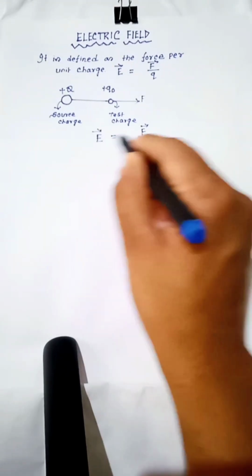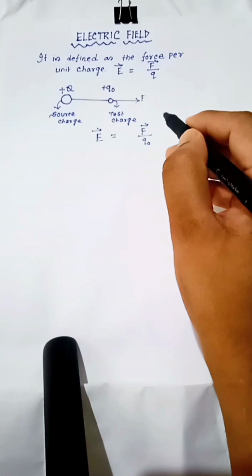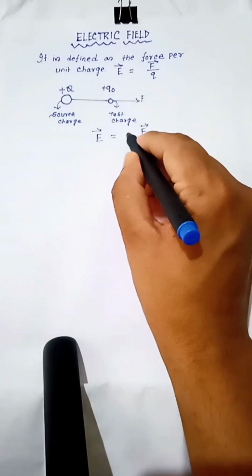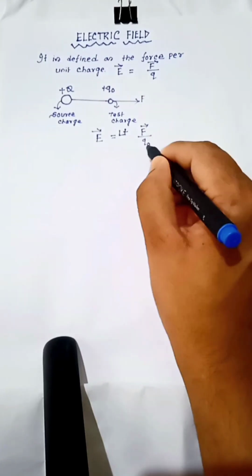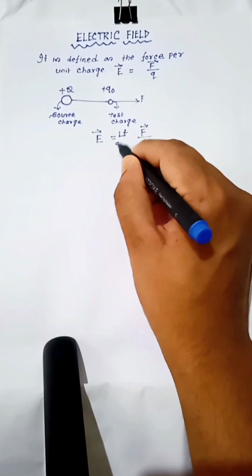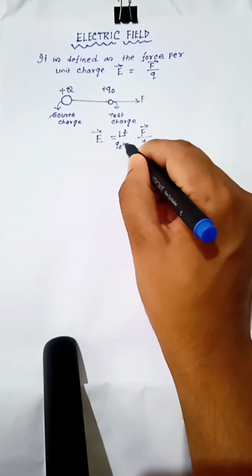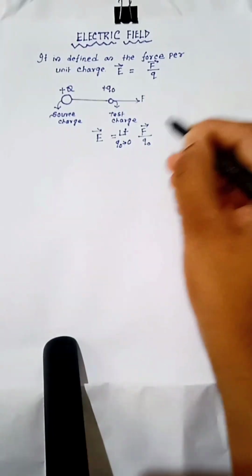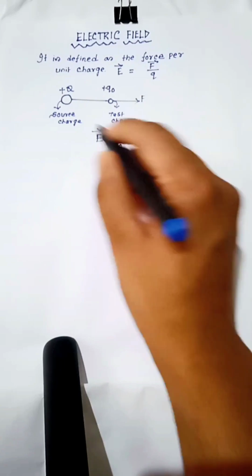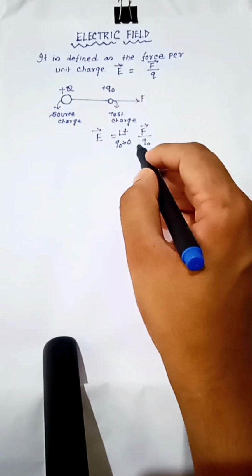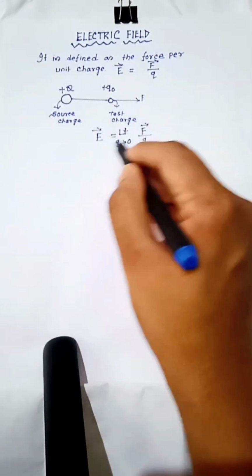And E vector is equal to F by Q0. Look at this. Here one condition must be imposed. This test charge Q0 always tends to 0. That means the value of this test charge should be very small with respect to the source charge. So this is the concept of electric field.